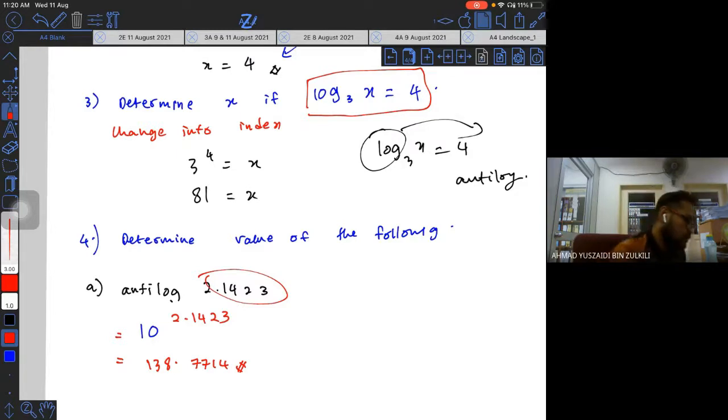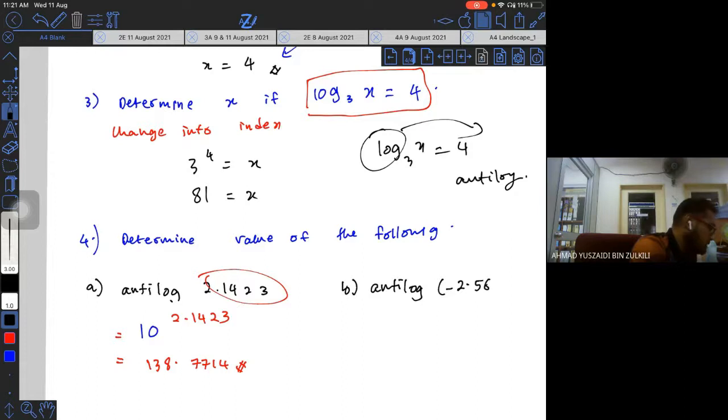So if given anti-log negative 2.5676. Okay, how to calculate that? You calculate, find the answer.